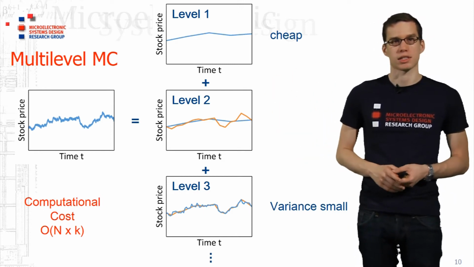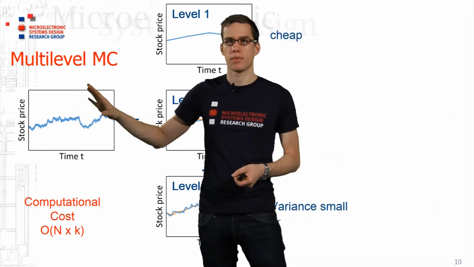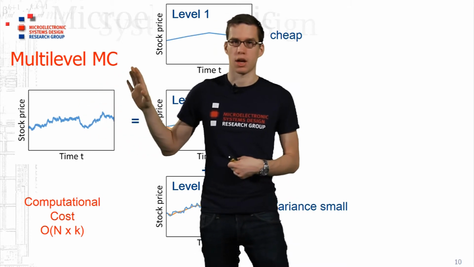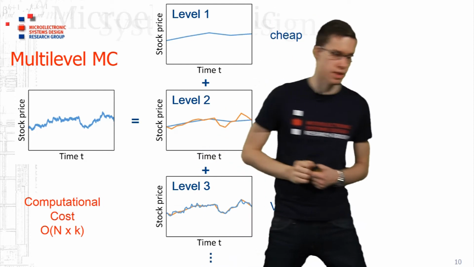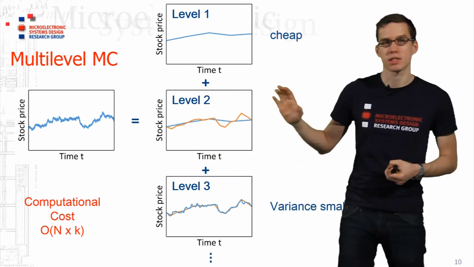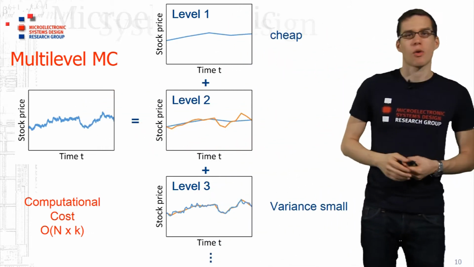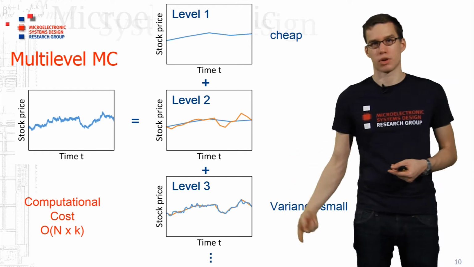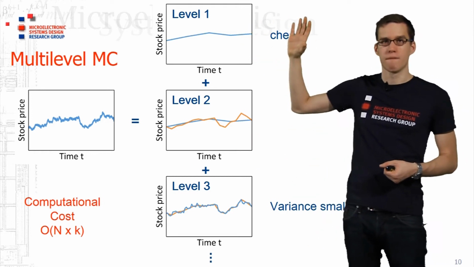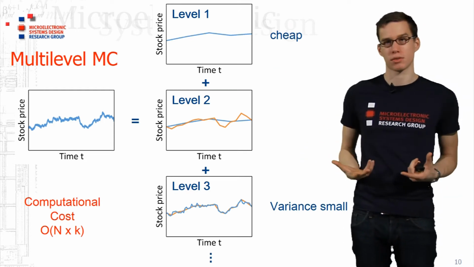And it works like this. Here on this side we have the standard path of the crude, classical Monte Carlo method. And instead of simulating millions and thousands of these paths, we rewrite it. So we do several independent Monte Carlo simulations. On the first level, we simulate very coarse paths, maybe with only 4 discretizations.